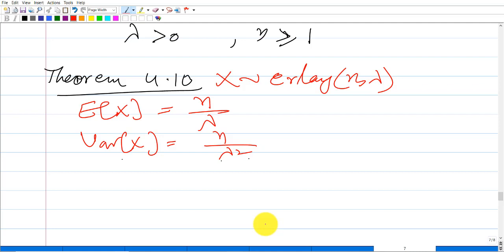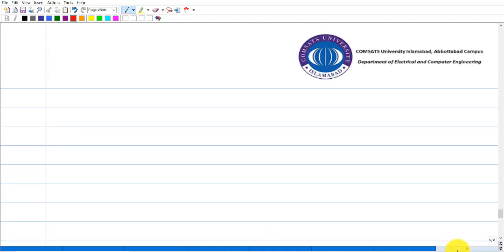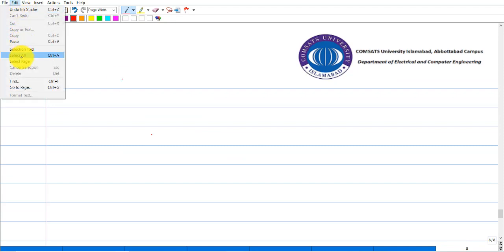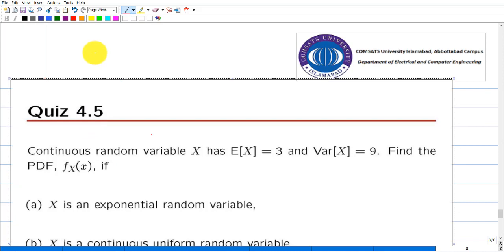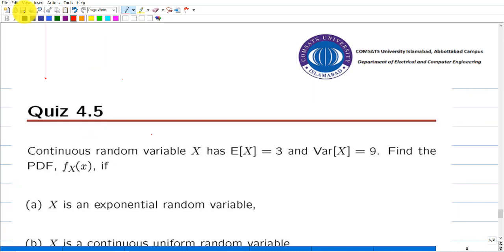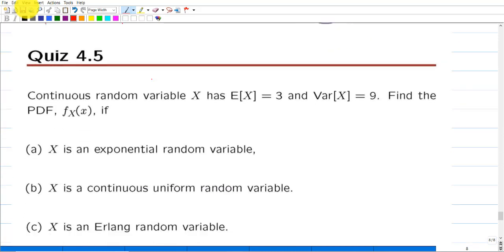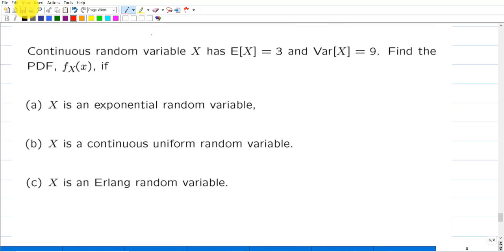So let's look at an example, which is Quiz 4.5 from the book. It says that a continuous random variable x has expected value of x given as 3 and variance given as 9. Find the PDF fx of x if x is an exponential random variable.